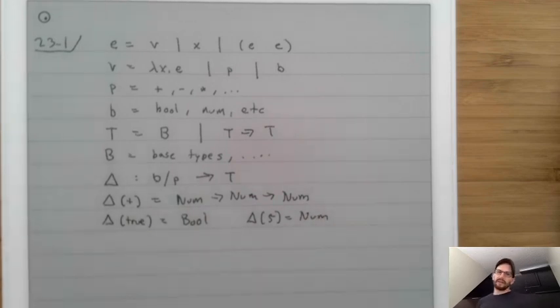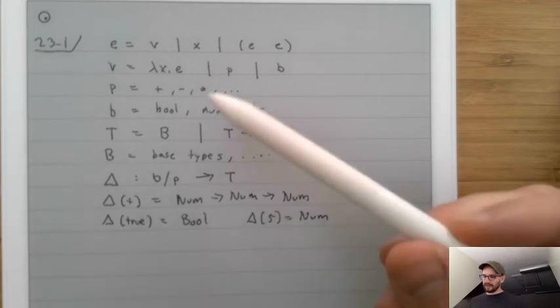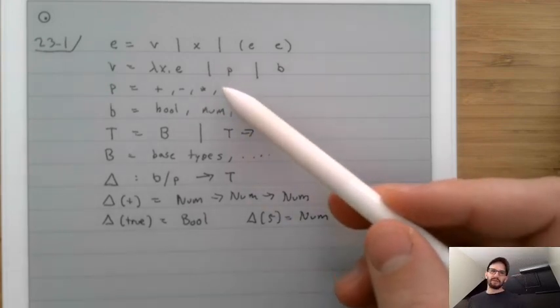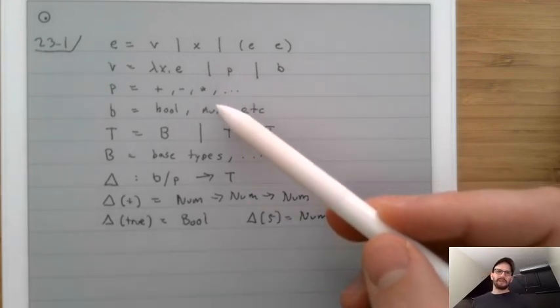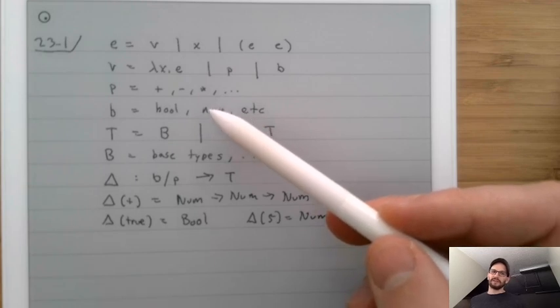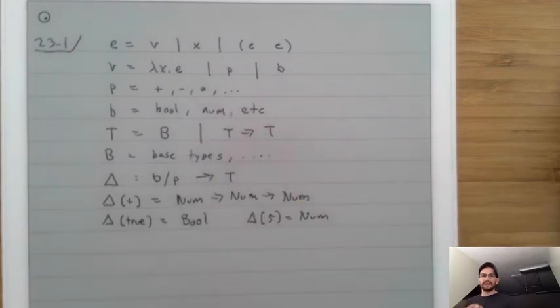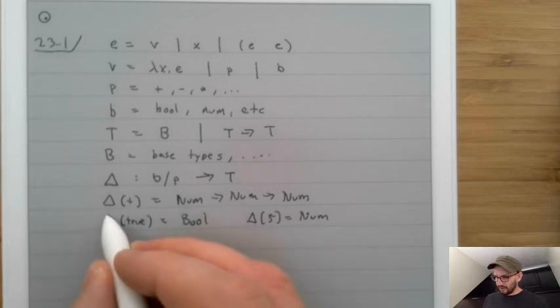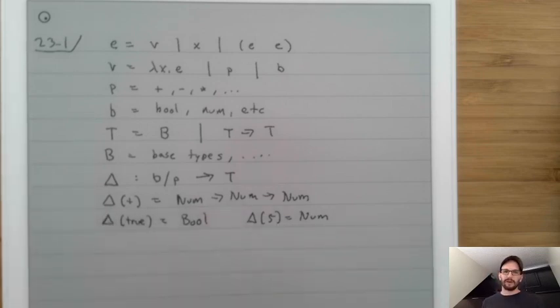So what we're doing here is building up a type system that is parameterized over what exactly the primitives are, what exactly the constants are, and what exactly the base types are. So we can describe our theory for what this programming language does without having to explain in detail all of the various rules for constants and whatnot.